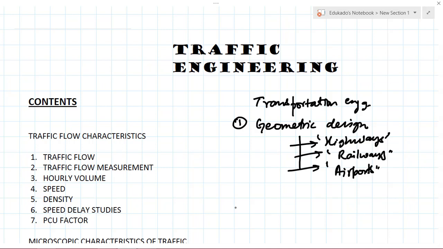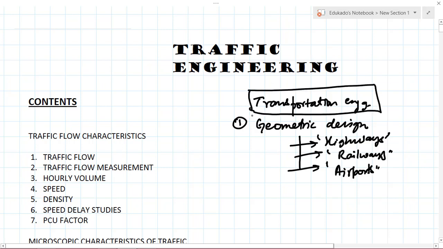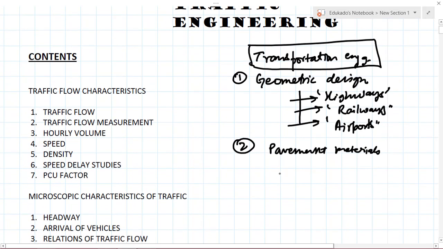So what I was telling you is that the major subject is transportation engineering. The first of its sections is geometric design, and the second is so-called pavement materials, which we will also study. It's about what type of materials are used in making any highway, like bitumens and all.